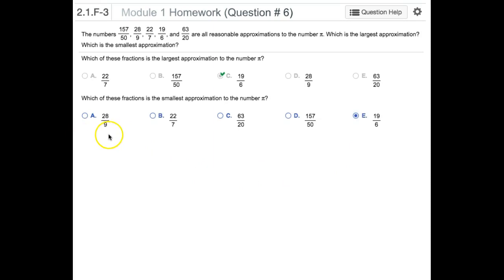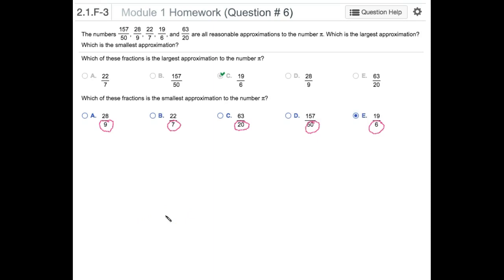So in order to do that, the easiest way is to just take all of the denominators and multiply them all together. You get a big number, but that's all right. We can do it.